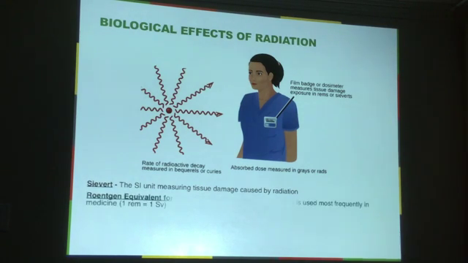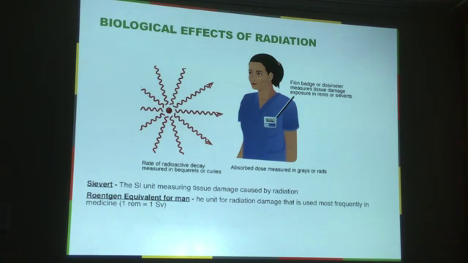And the Sievert is also converted into something called a REM, or Röntgen equivalent for man. And this is the unit that you most frequently will hear about when you talk about the damage that can occur in people by the exposure to radiation.